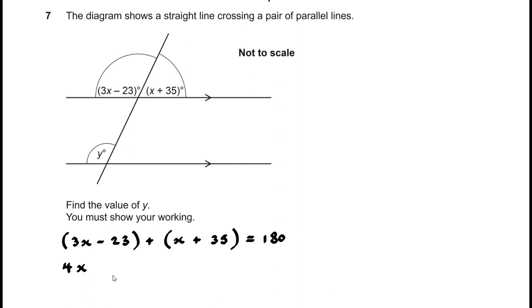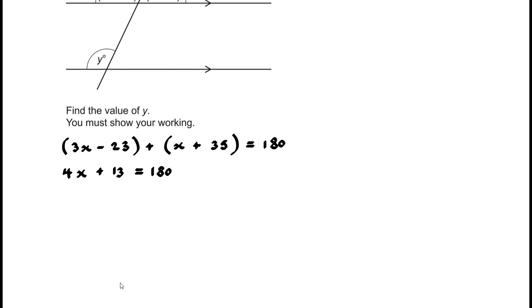So we've got 4x plus 13, which is equal to 180. If we subtract 13 from both sides, well, we've got 12.